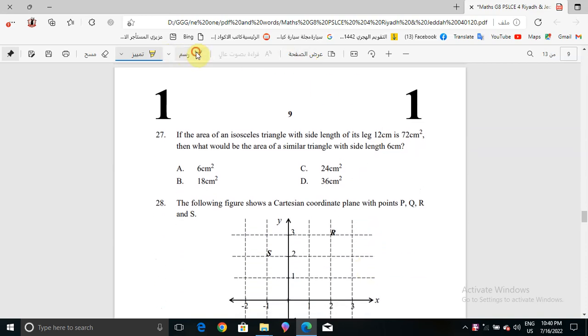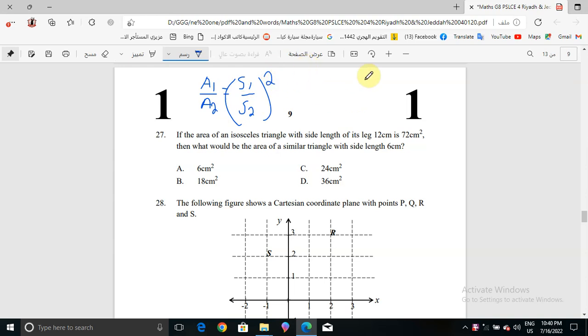Question number 27 is asking, if the area of an isosceles triangle with side length of its leg 12 centimeter is 72 centimeter squared, then what would be the area of a similar triangle with side length 6 centimeter? So here we'll use the formula of A1 over A2, which is equal to S1 over S2 squared.